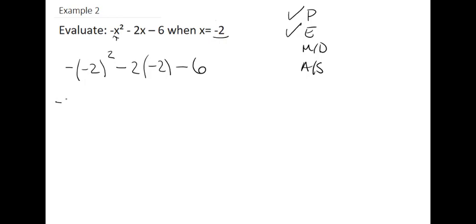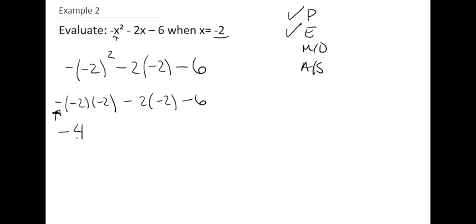So we have minus, and really exponents could just be written out like this. And then we're going to keep everything else written out. So to deal with the exponents, we're going to multiply negative 2 times negative 2, which is equal to positive 4. And then we have that negative sign out in the front. So it's actually going to stay negative 4.